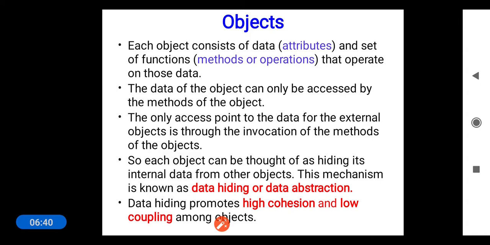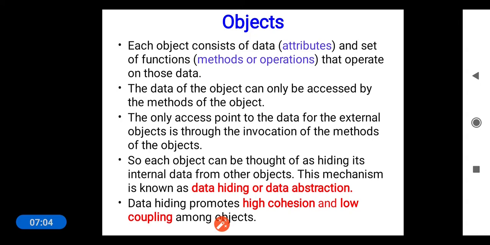Here, as we know, each object consists of data and a set of functions. The data related to the object is termed attributes, and the functions of an object are termed methods or operations. So in object oriented terminology, an object contains attributes and methods.